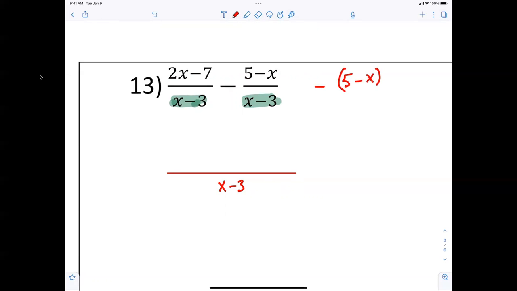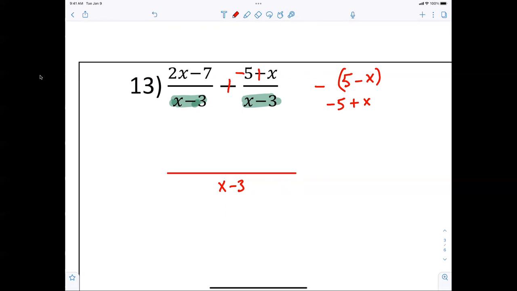So if I'm subtracting 5 minus x, that's going to be negative 5 plus x. You with me? Whenever you see minus, I personally think it's easier to just change it to plus and then distribute that negative. And now you're just combining terms.